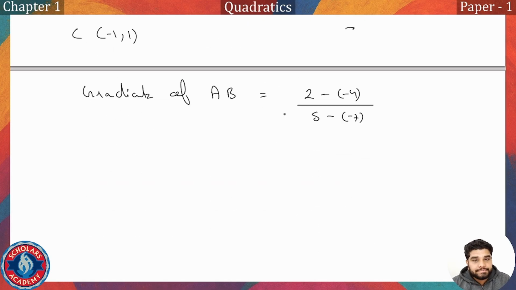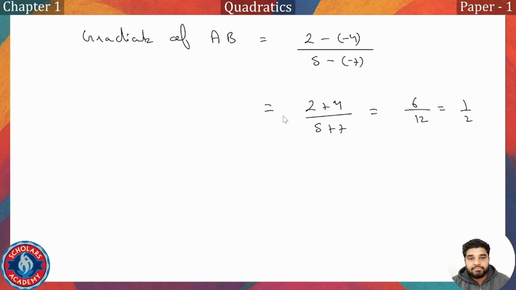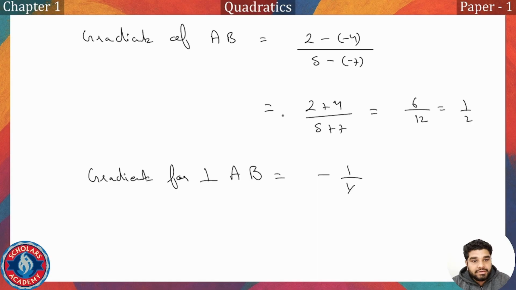That will give us 2 plus 4 and 5 plus 7, that is 6 by 12, 1 by 2. Now I need to find the gradient for the perpendicular of AB. So the gradient for the perpendicular of AB will be -1 over 1 by 2, that is minus 2.